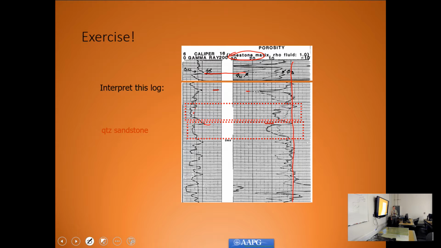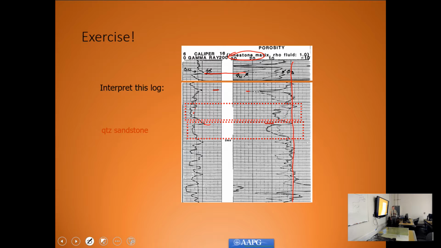This is a big mistake. I've actually seen mistakes like this in the flagship journal of the American Association of Petroleum Geologists. I used this in another class, where I show a mistake where they didn't recognize that the crossover is simply a false matrix assumption.